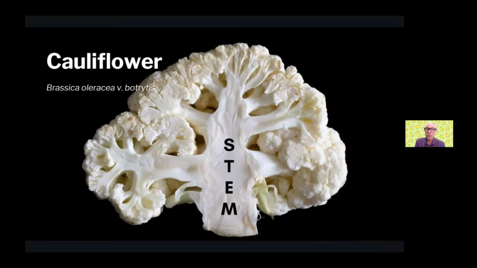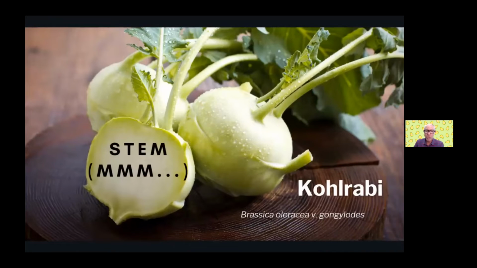And I'm not one of those people, but it stood the test of time. Cauliflower is a thing, and cauliflower is the underdeveloped, never going to develop, crumpled up stem of Brassica oleracea.